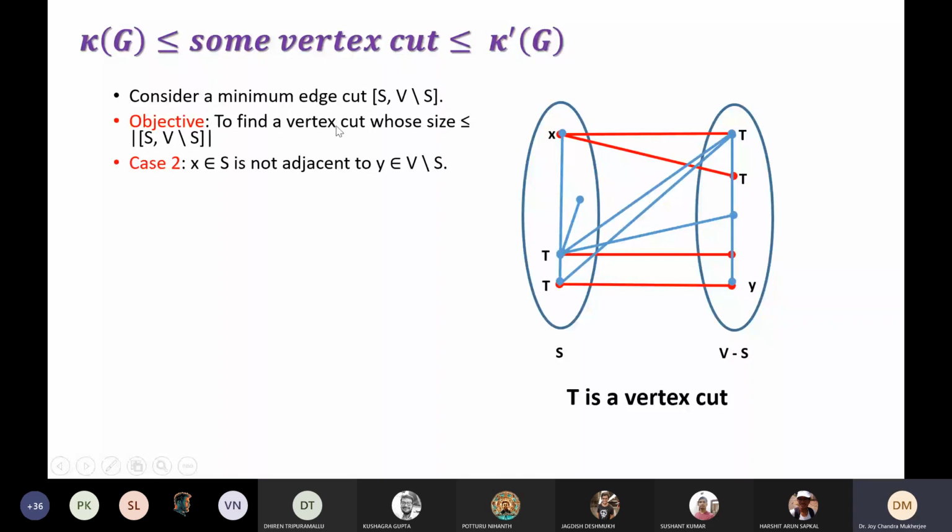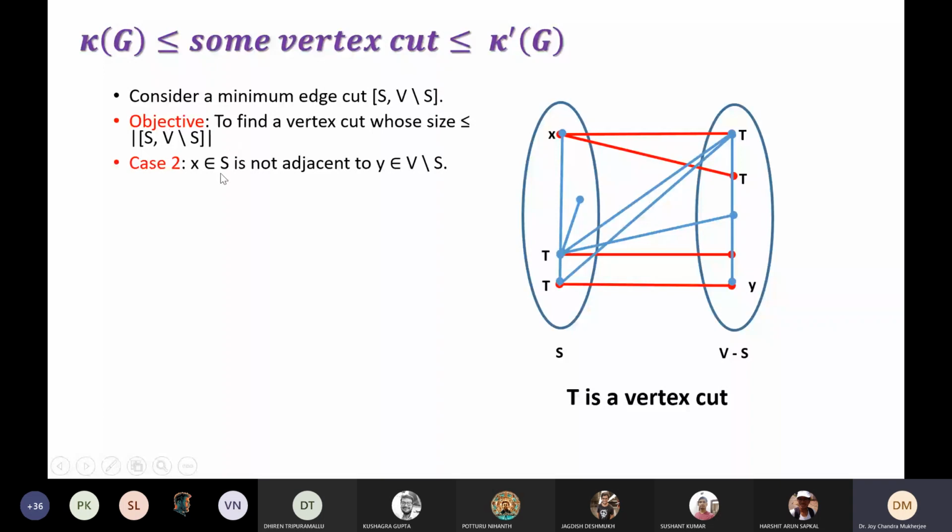Now since it is any vertex cut, its connectivity must be greater than or equal to chi g. So this is my chi prime g. From chi prime g, I am creating some vertex cut whose size is less than or equal to this. And since it is some vertex cut, it must be greater than or equal to the minimum vertex cut. That is why chi g is less than or equal to chi prime g.